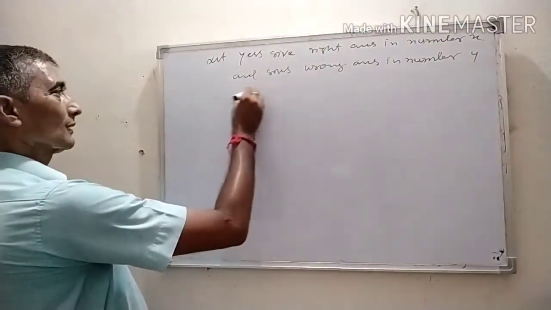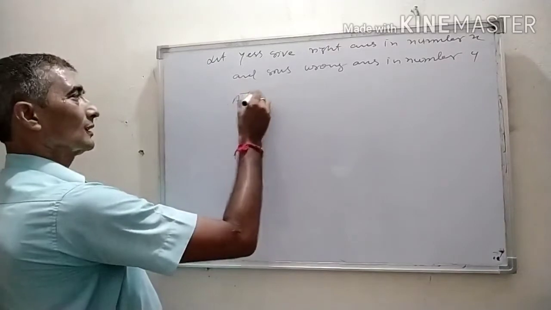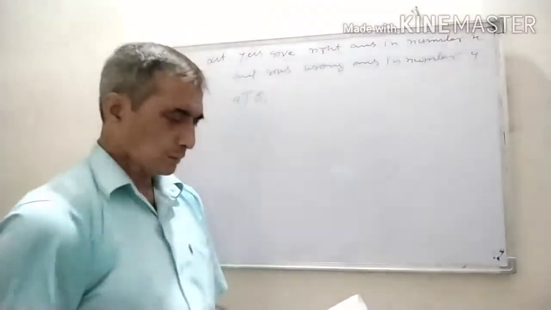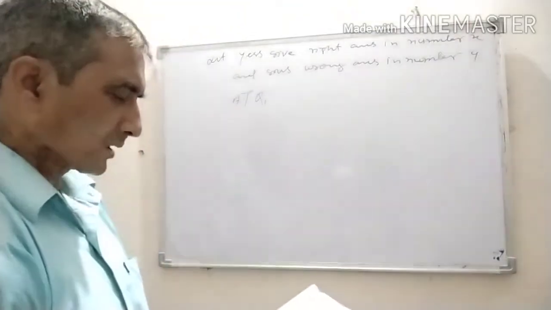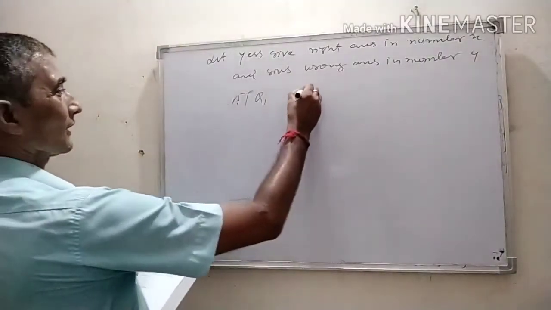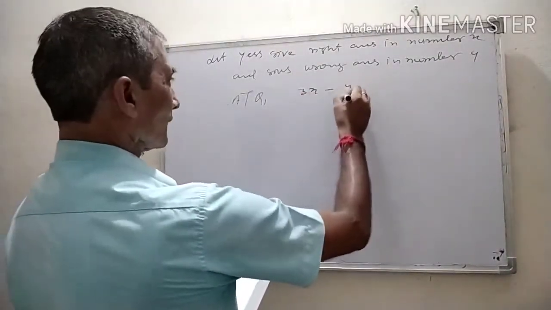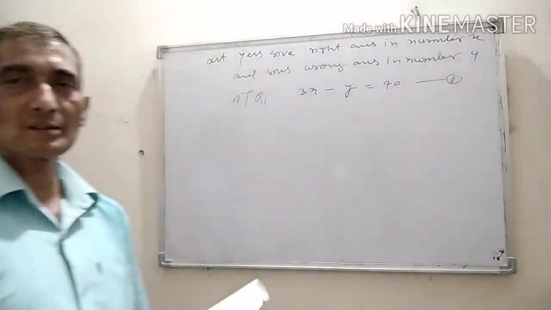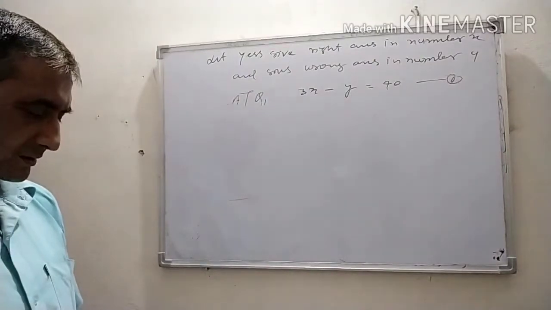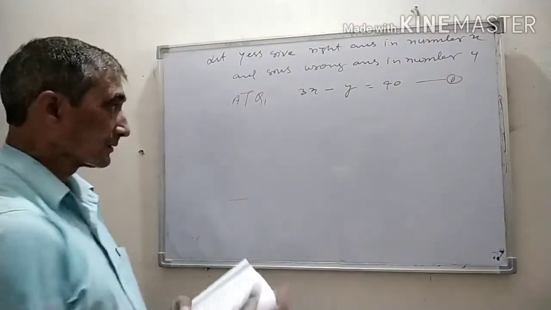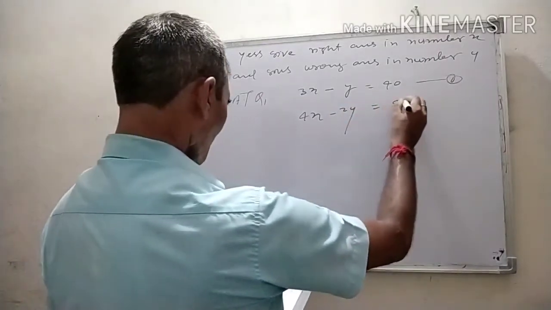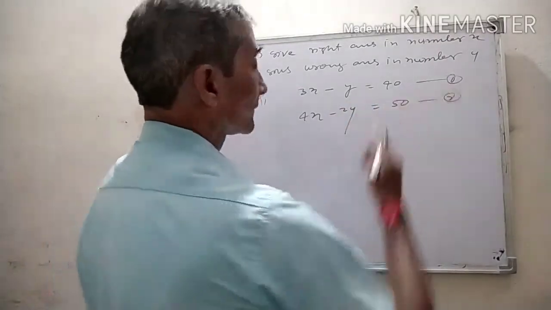Therefore, ATQ 1, he scored 40 marks, 3 marks for each right, 3x minus y equal to 40, first condition. And second is 4x minus 2y equal to 50, second.